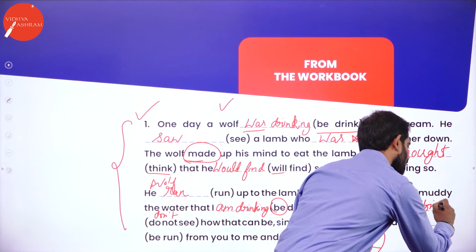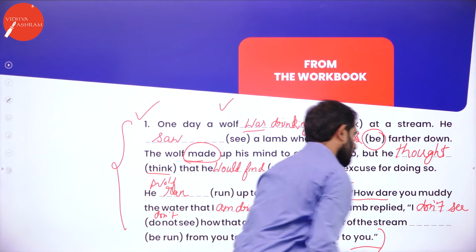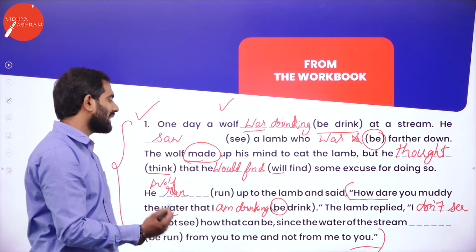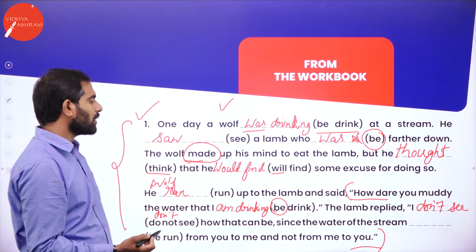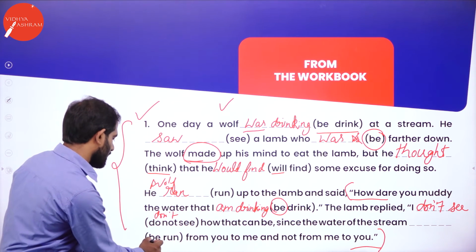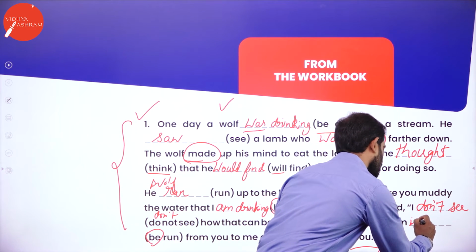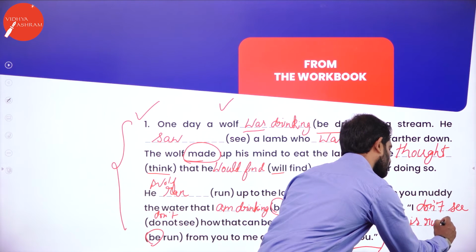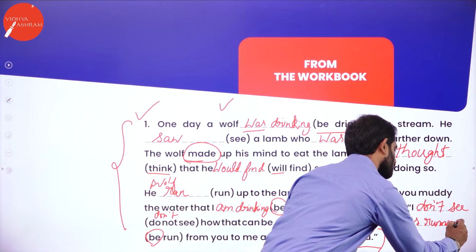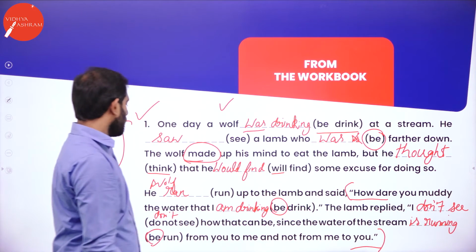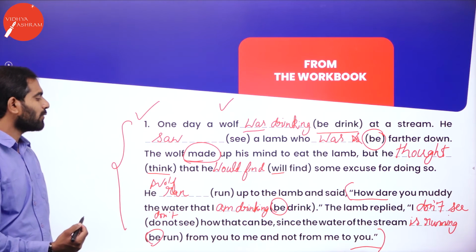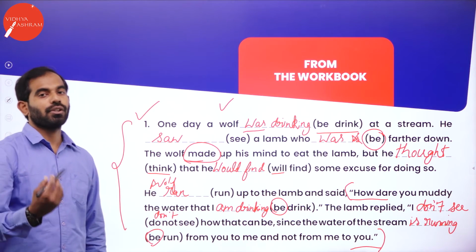I don't see how that can be, since the water of the stream, again be form, is running from you to me and not from me to you.